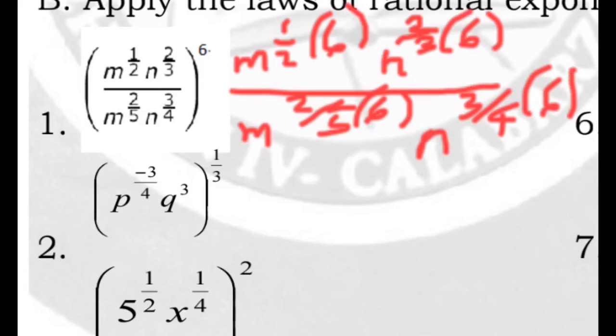Okay. Then for m to the power of 1/2 times 6, so this is m. Then 1/2 times 6 is 6 over 2, which is 3. So this is m cubed. Then times n. Then 6 times 2/3. This will be 6 times 2, 12 divided by 3 is 4. So n to the power of 4 over.